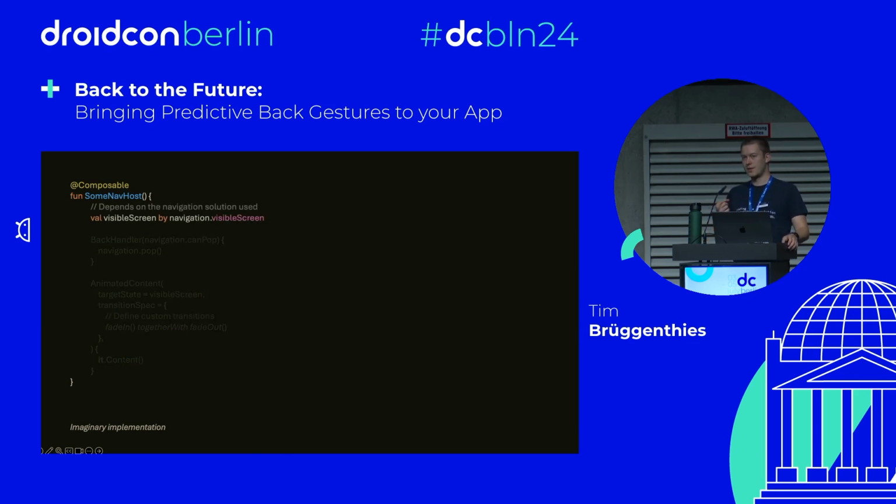First of all, we need to get the visible screen. Basically, we need to know what should be visible right now based off of our navigation stack. This is, of course, framework dependent, but as this is only imaginary, this is the way we would build it. And we can then just pipe this visible screen into AnimatedContent. And AnimatedContent will make sure to transition from one target state to another.